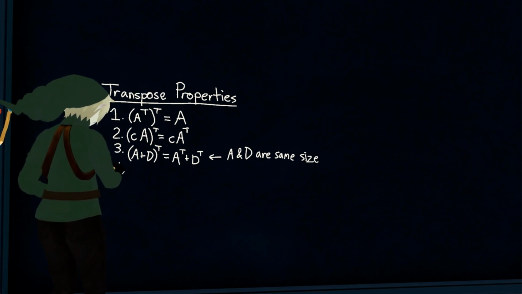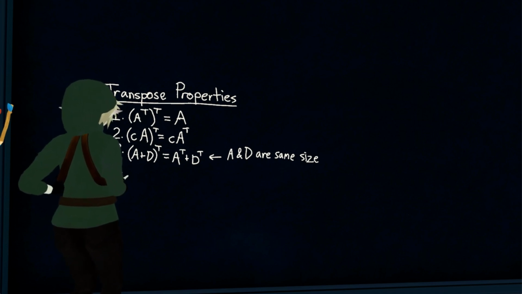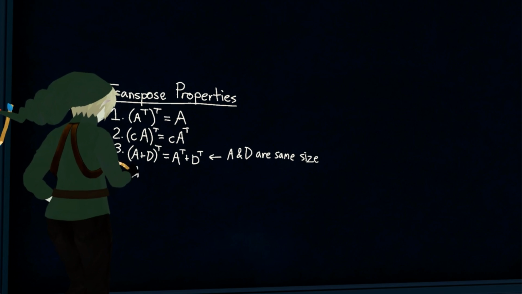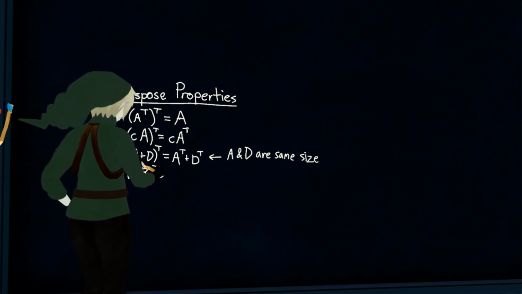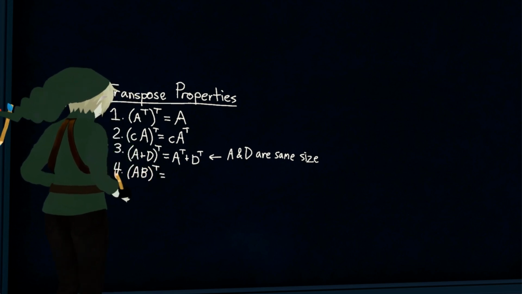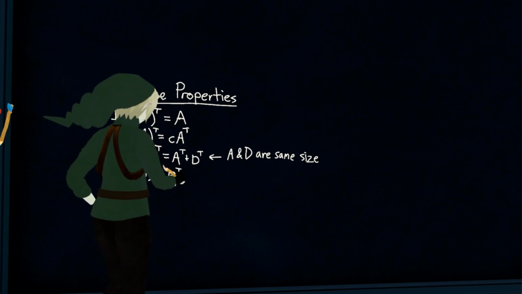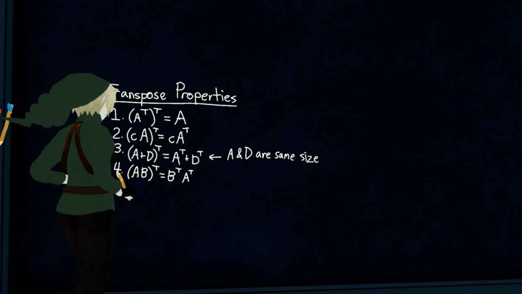Okay. And now number 4, right? What if we transpose a multiplication of matrices? Then what you would get is the transpose of B times the transpose of A. Okay?